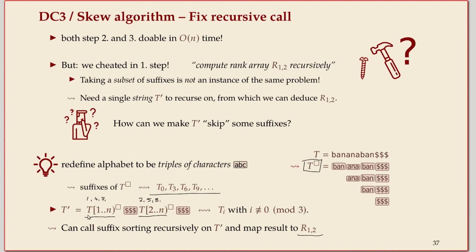And if we take the concatenation of those two strings, put them next to each other, we get both: the ones that start at a multiple of 3 plus 1, and those that start at a multiple of 3 plus 2. And on this string, that's our t prime that we try to recursively construct the rank array for.